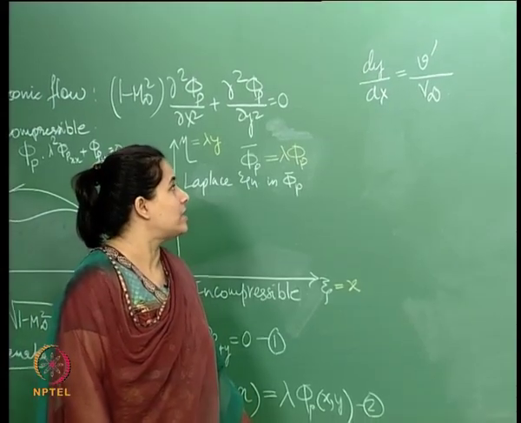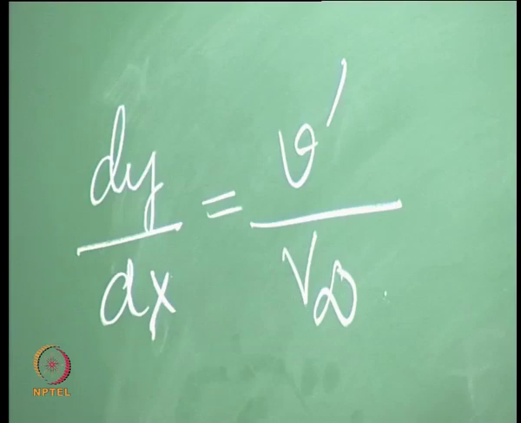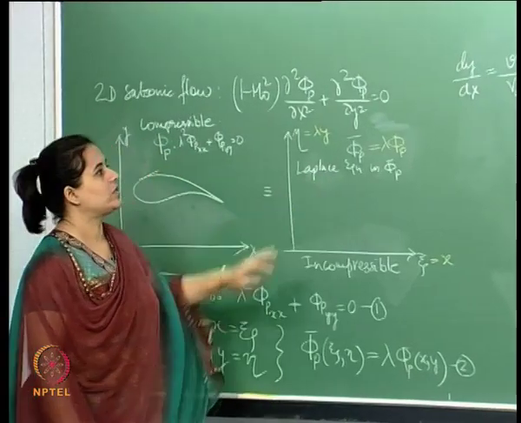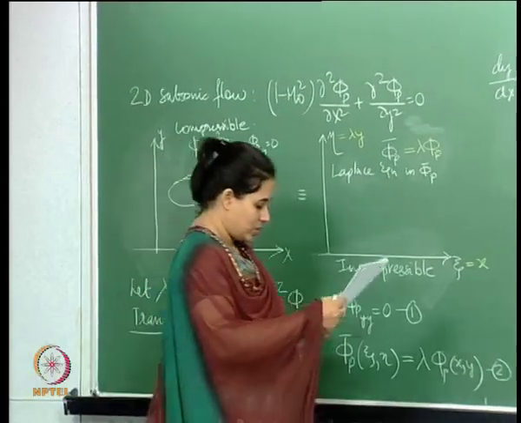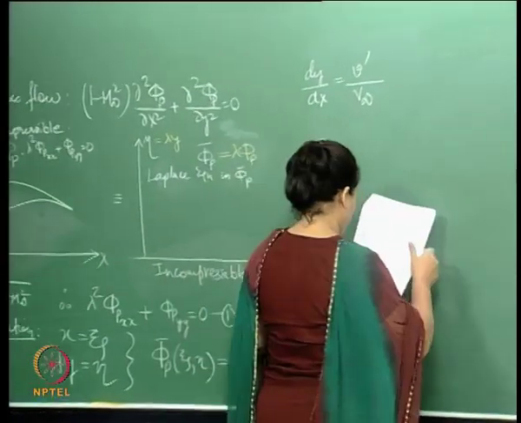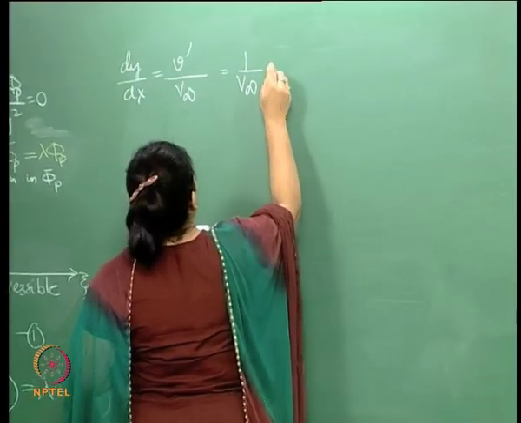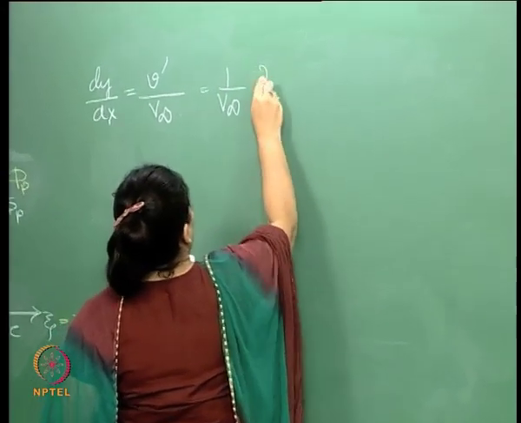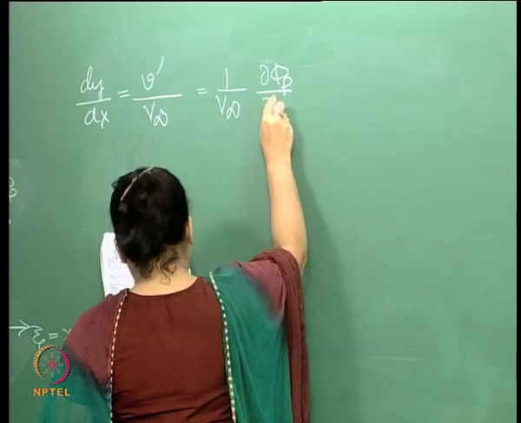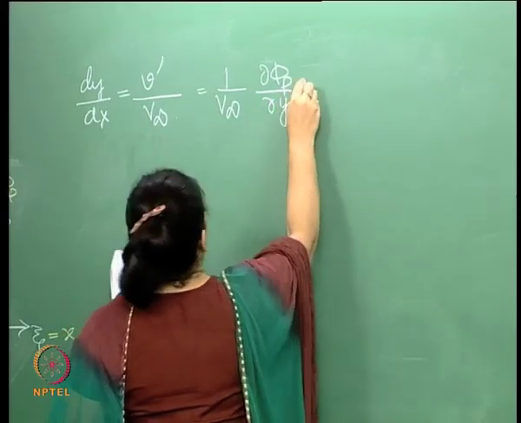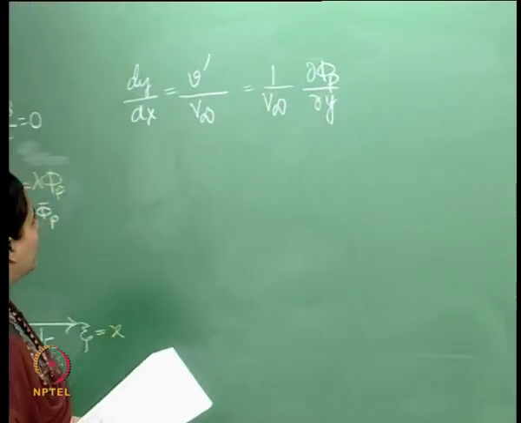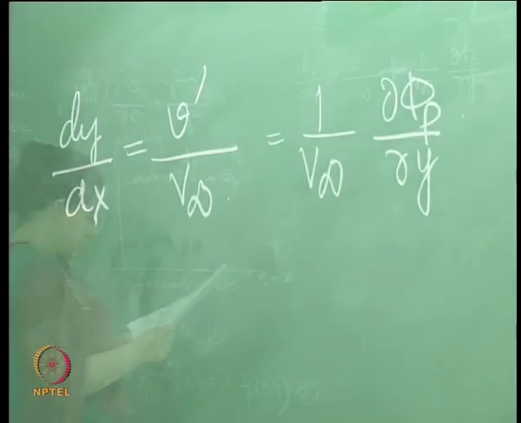So in this case, how does this transform now? Of course, if I write this in terms of the perturbation potential, then I can write it this way.